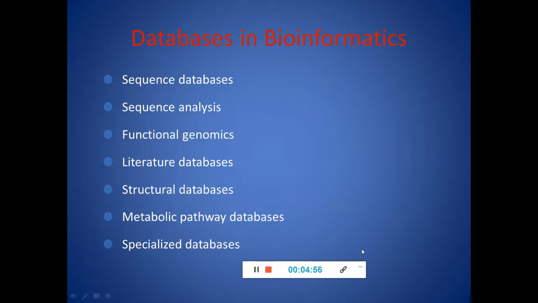And the database can be of different types. It can be a sequence database or a sequence analytic database, as we had mentioned earlier, a functional genomic database, or even if you are not taking any sequence, lots of journals. If you are just taking the information of various published journals or published articles on a particular topic and storing it in a database, that can serve as a literature database.